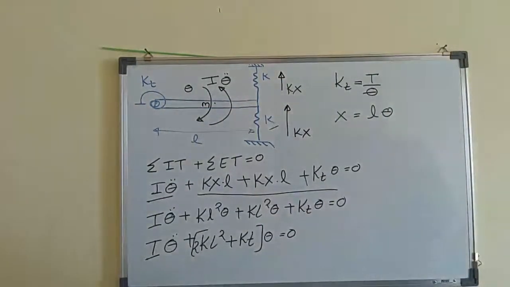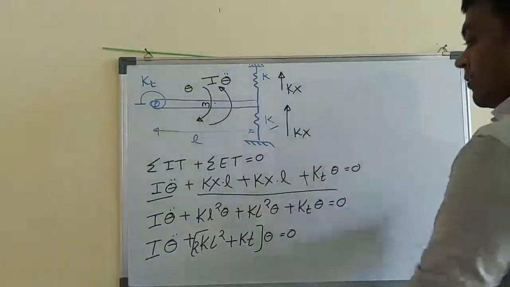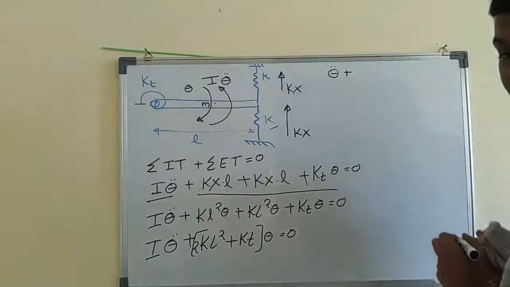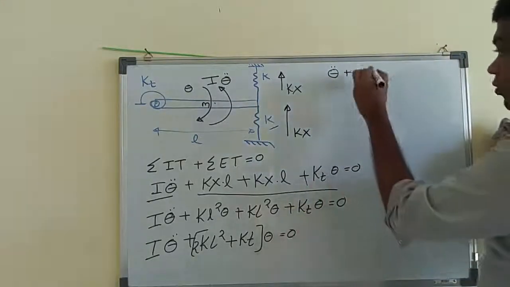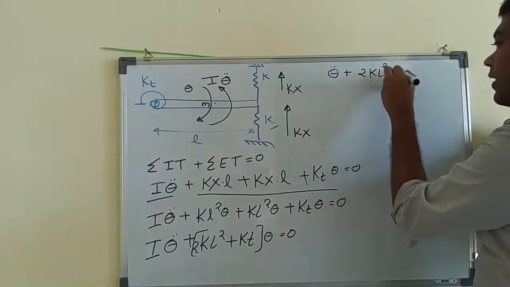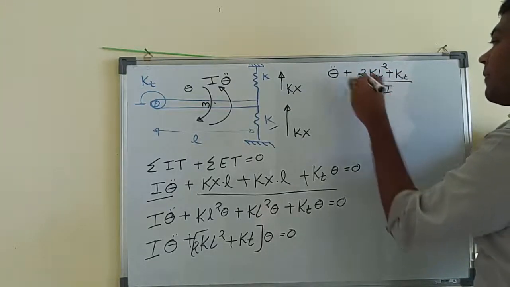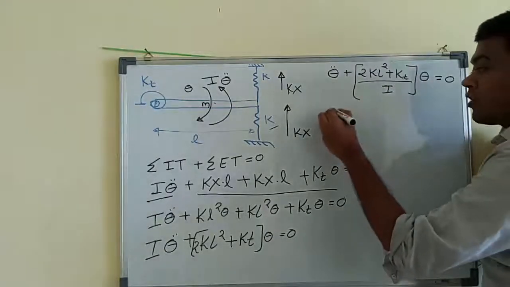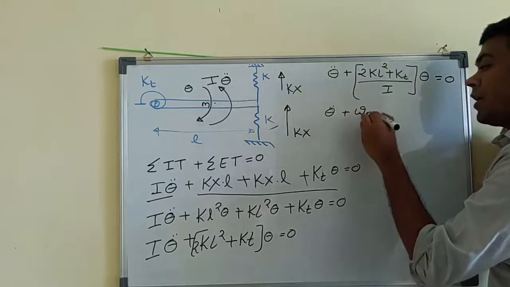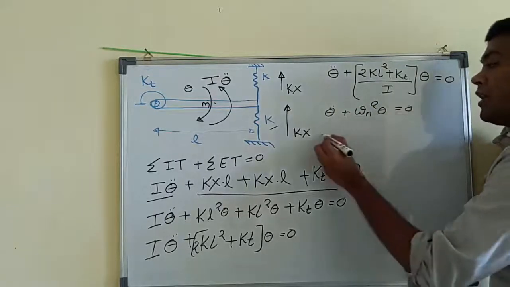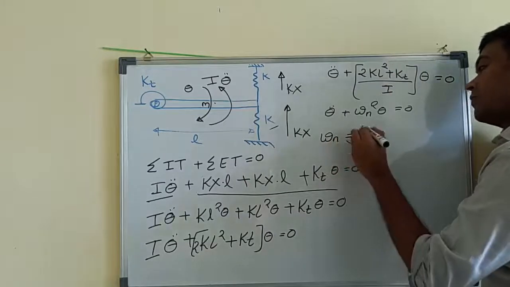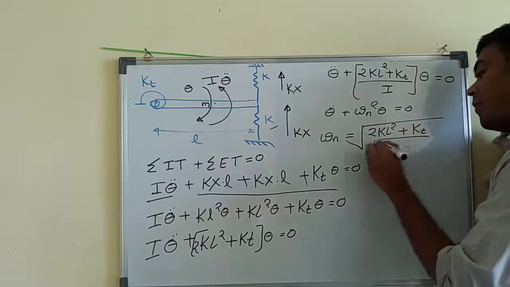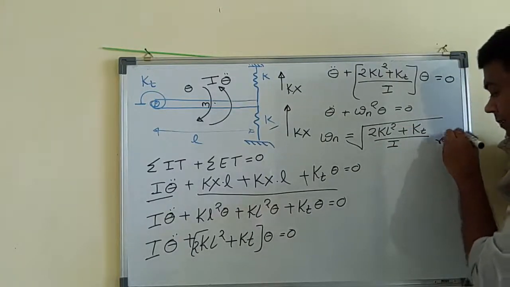If we rearrange, we get theta double dot plus (2k L square plus kt) upon I, times theta, equals 0. Comparing this with our basic equation theta double dot plus omega n square theta equals 0, we get omega n equals square root of (2k L square plus kt) upon I, in radian per second.